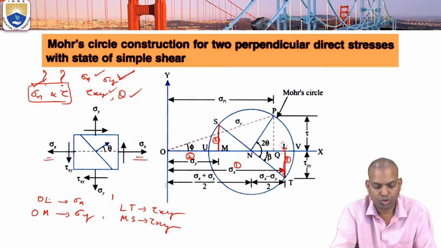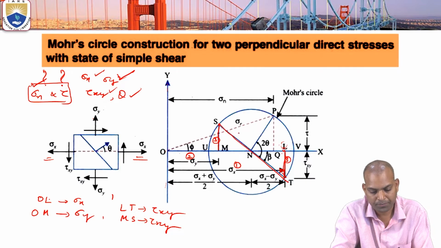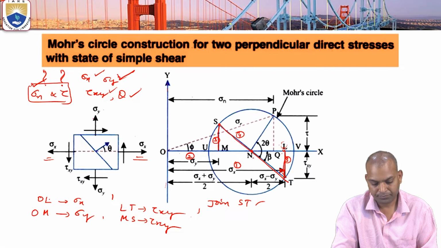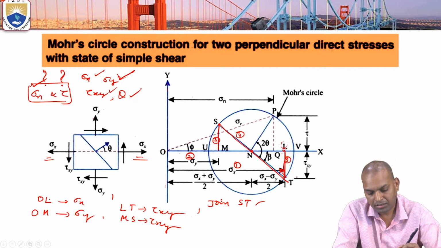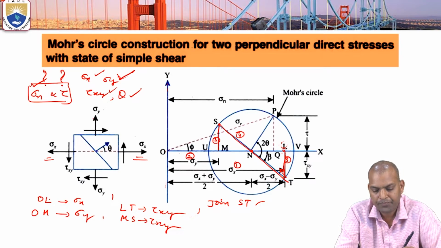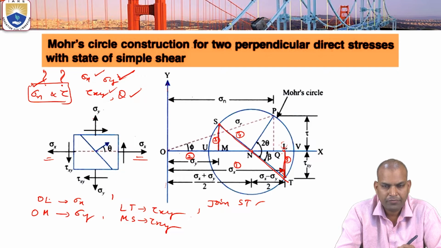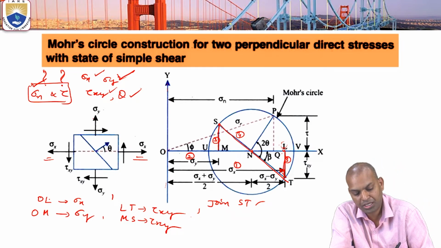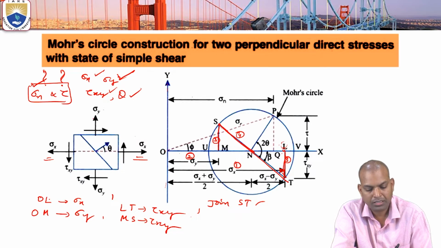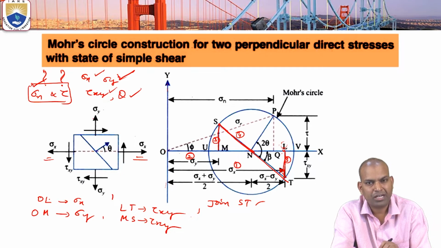The fourth step is to join S to T. Then the line TS intersects the horizontal line OL at point N. With the help of a compass, take the distance NS, or N to T, and draw a circle.